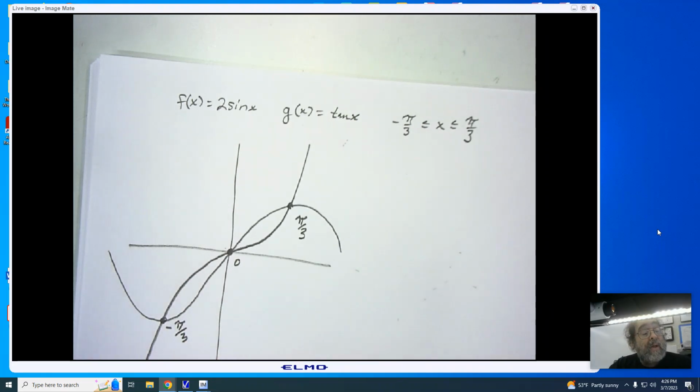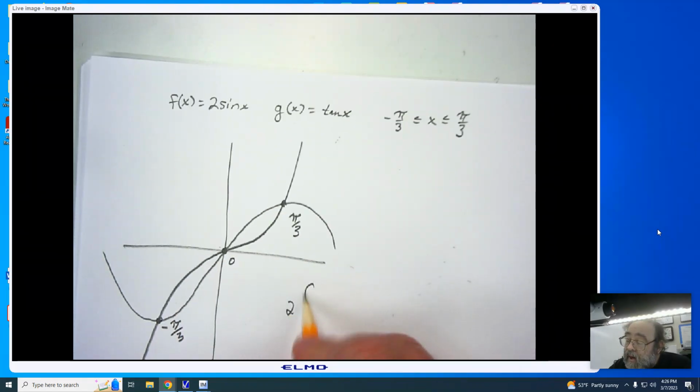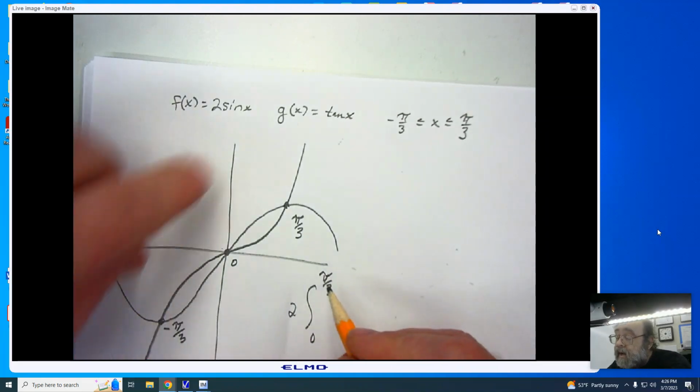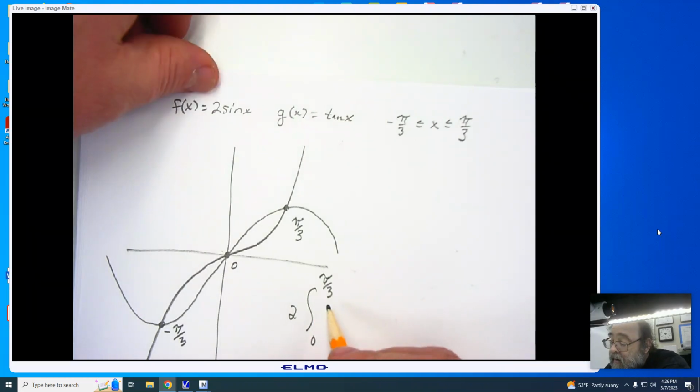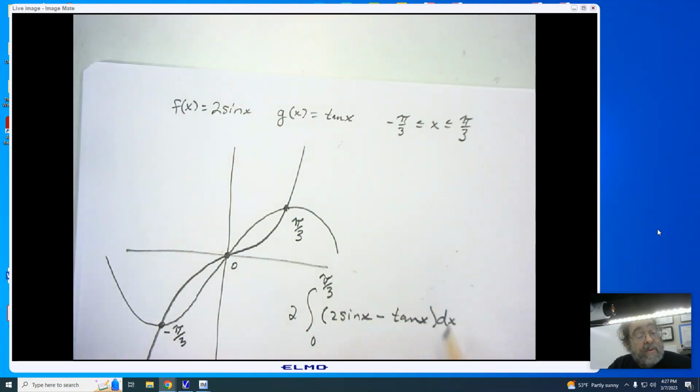Now, I also can use my even integer that says that these two areas are the same. So I can go 2 times the integral from 0 to pi over 3, and I can work with my sine, 2 sine x minus tangent x dx.